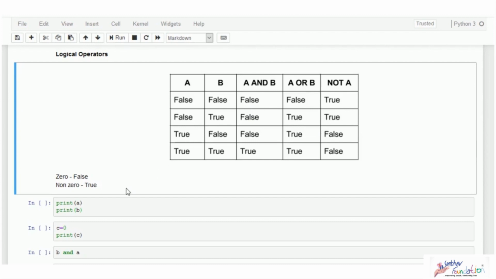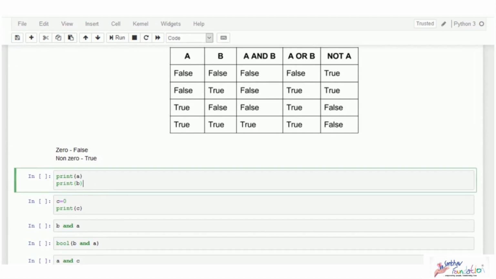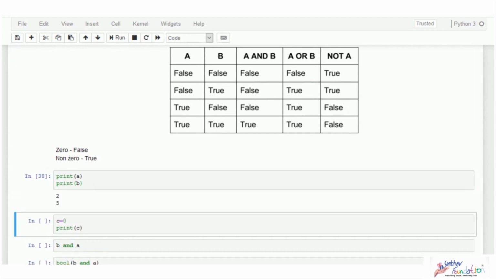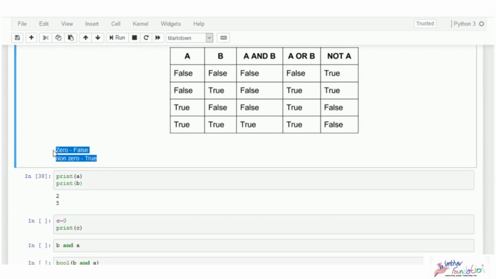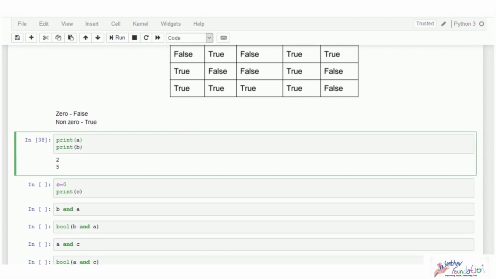So first, let us check what the current values of A and B are. And while using your logical operator on numbers, always remember this thing: 0 is considered as false and any non-zero number is considered as true. So when you have numerical values here, you can directly relate with this and apply the corresponding operator and get the result. So just to be sure, I just printed the values of A and B here, which are 2 and 5.